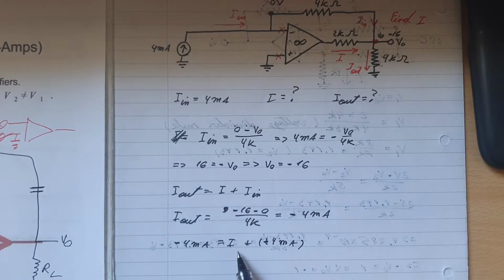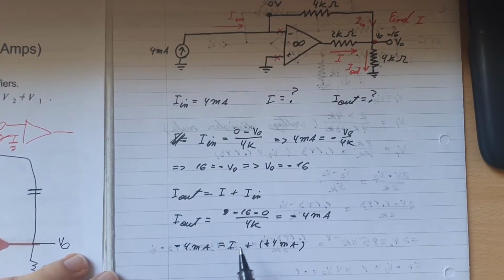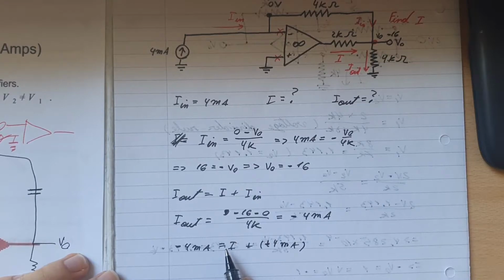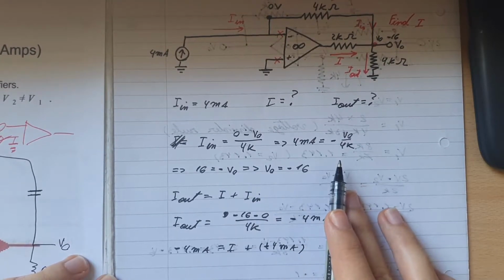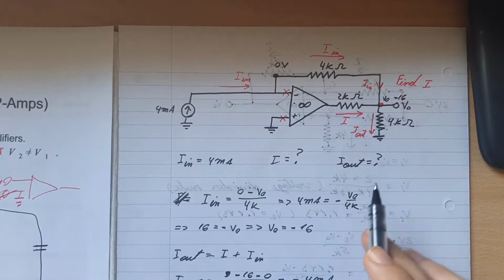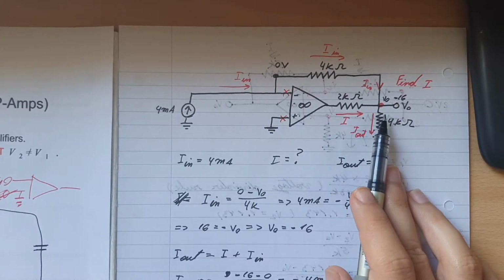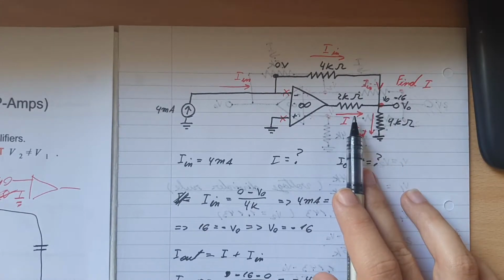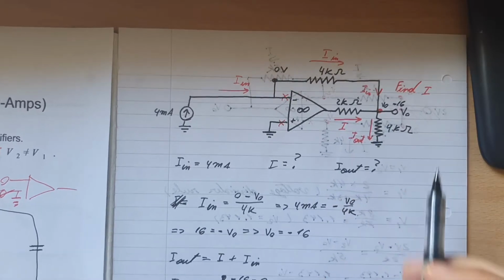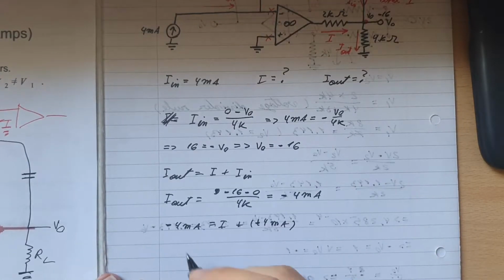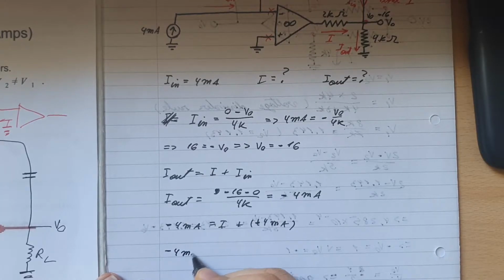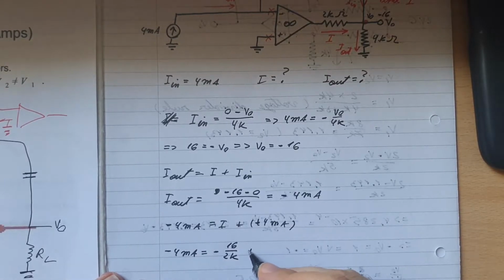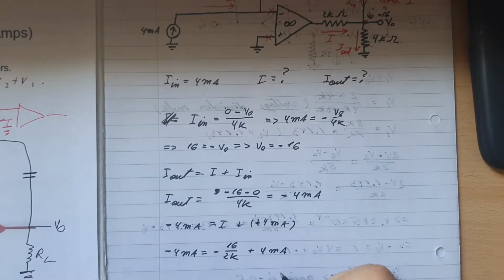But maybe this is correct actually. Okay, so let's not solve it yet, let's instead input I as well. So I will be minus 16 over 2k. Okay, so then minus 4 milliamps is equal with minus 16 over 2k plus 4 milliamps.